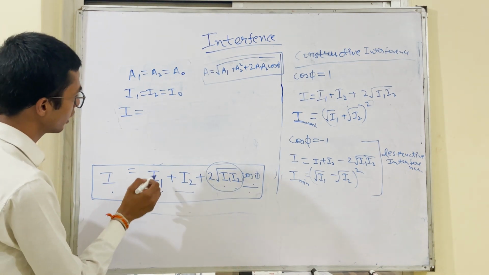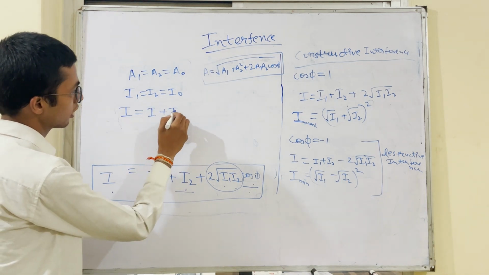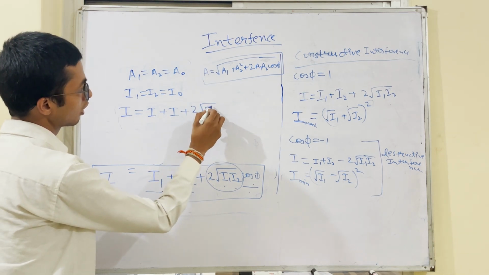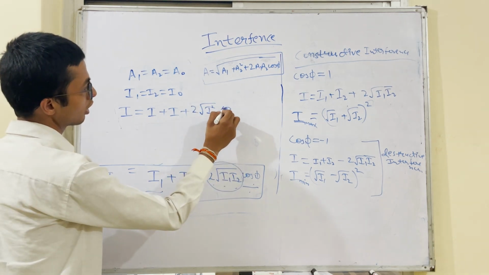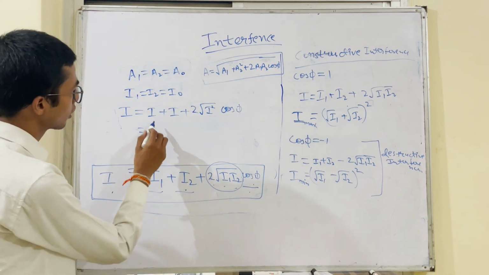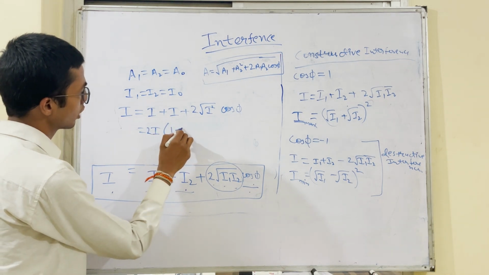So that will come as I plus I plus 2 root over I square cos phi.